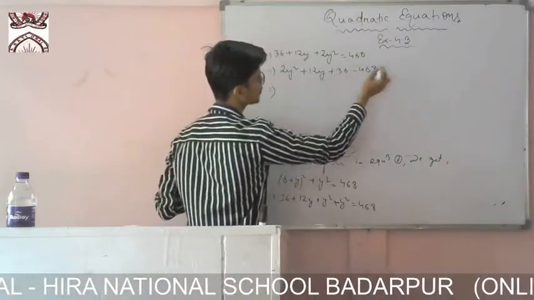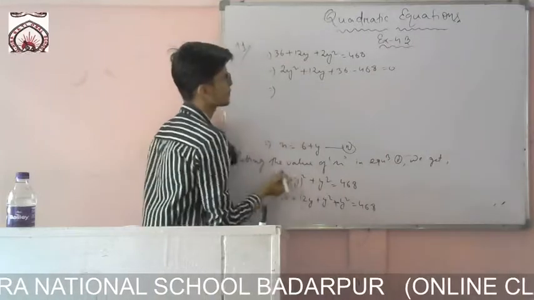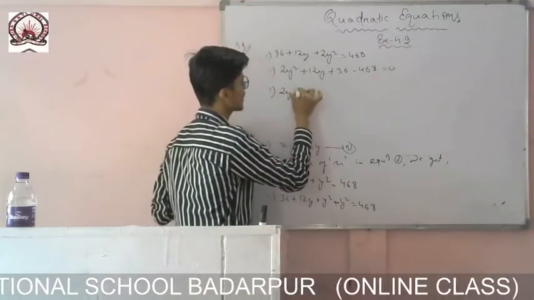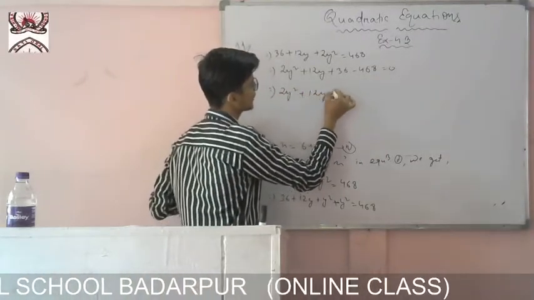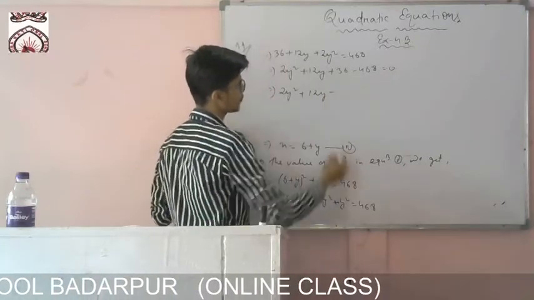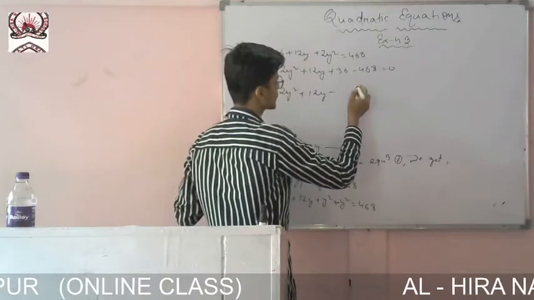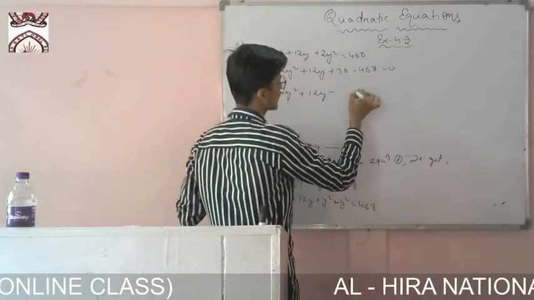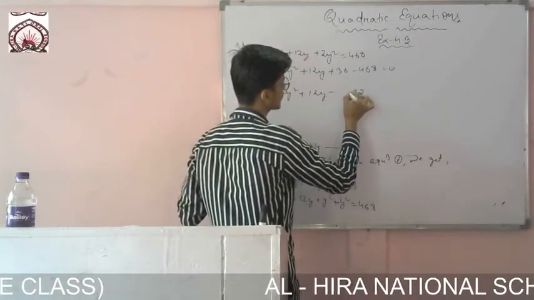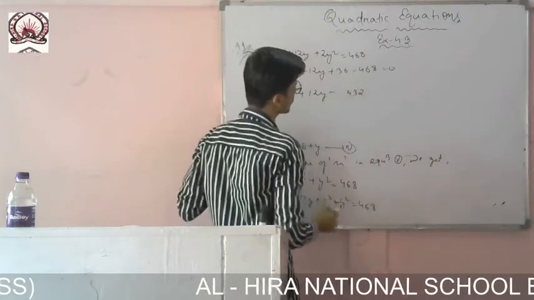If 468 comes to this side it will be minus, which will be equal to 0. So 2y square plus 12y minus 468 minus 36, that is minus 432, equals 0.